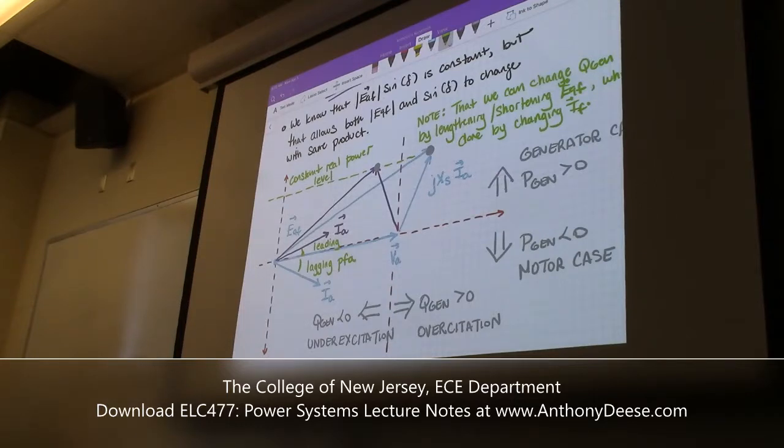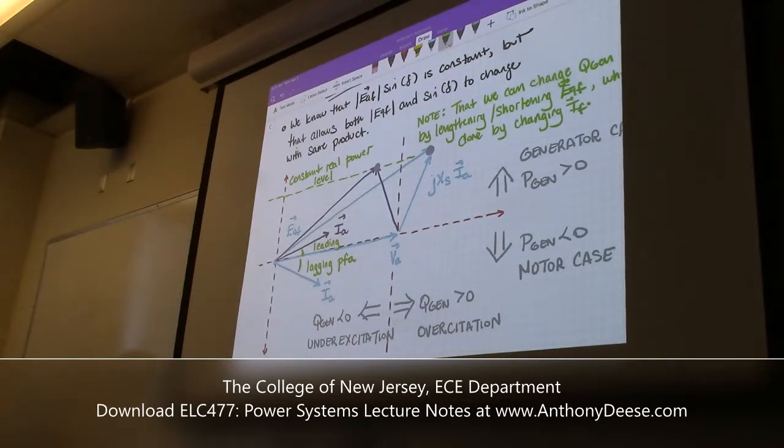In a previous textbook I used, they call it the real power locus. I don't know exactly how that term is applicable there. But again, using the assumption that the gray dot has to stay somewhere along that green line because we have said a priori real power output's not going to change, then you can see just by lengthening or shortening EAF, we're pulling it into underexcitation or pushing it into overexcitation.